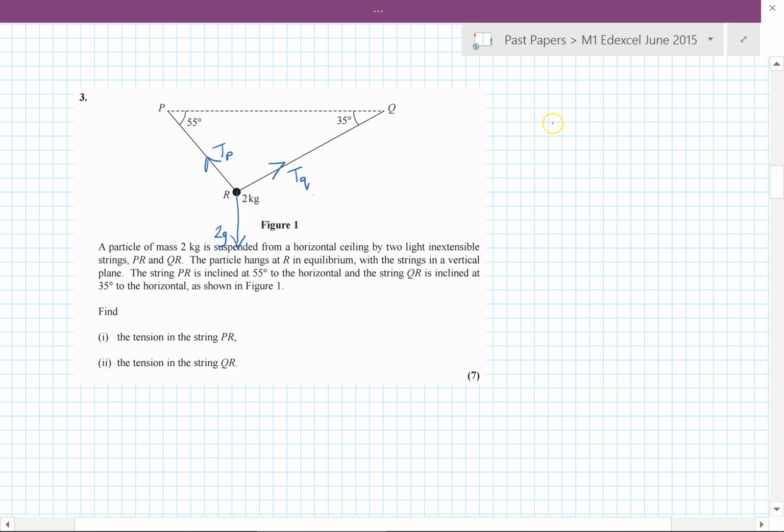Now the standard way of doing this is to resolve vertically and horizontally, so mark on the angles. This angle here is 35 degrees and this angle here is 55. We can see that because of angles in the respective right angle triangles here.